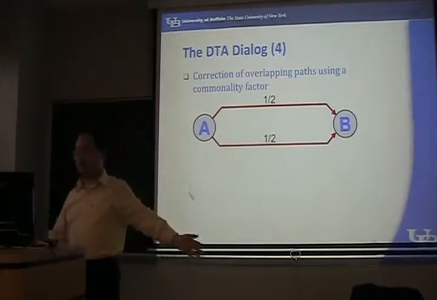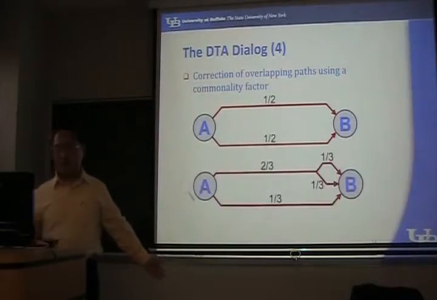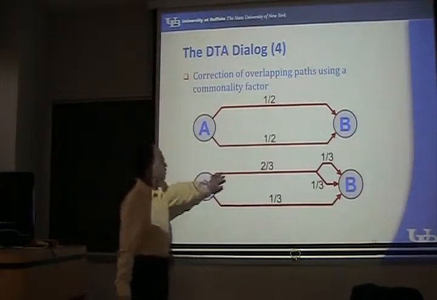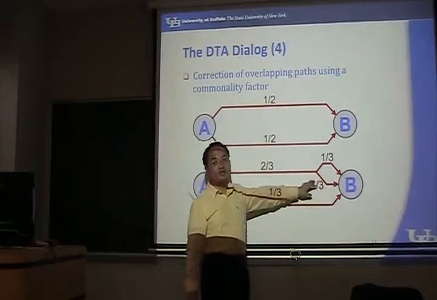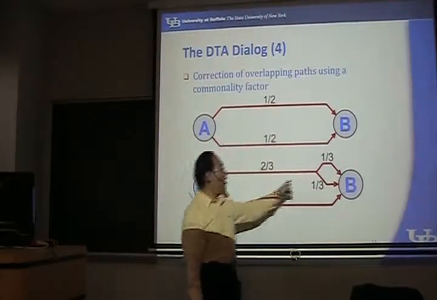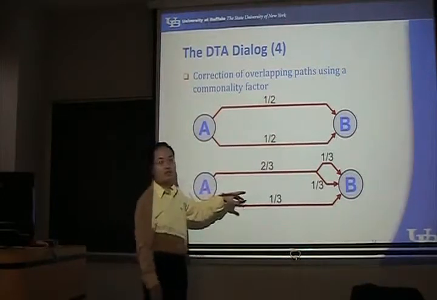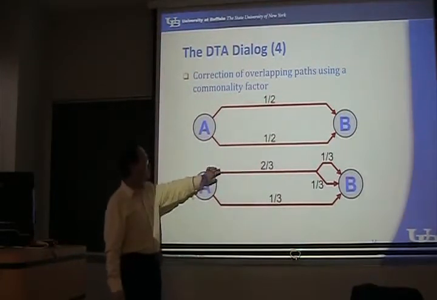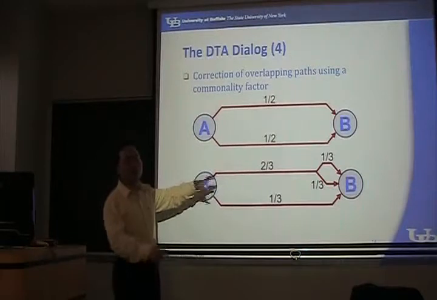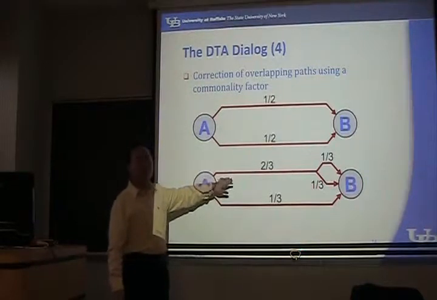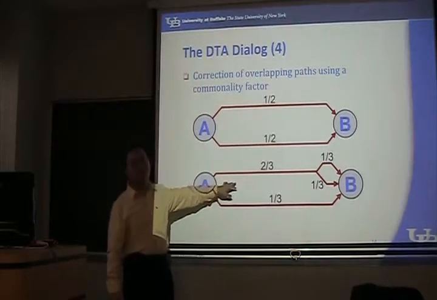That's very natural, right? Consider this situation. If the upper part has a branch at the end of the path, that will bring 3 paths from A to B. And as a result, this part, using the traditional method, will get 2/3 of the volume.